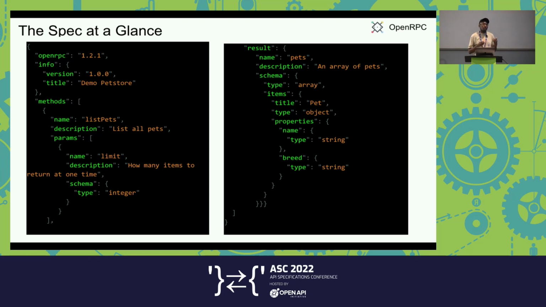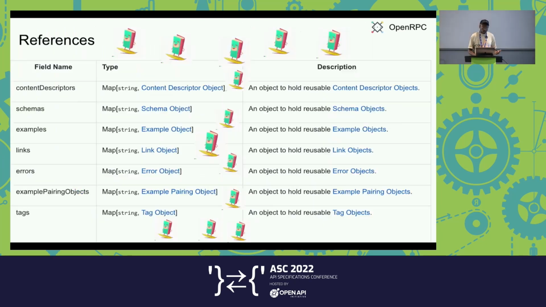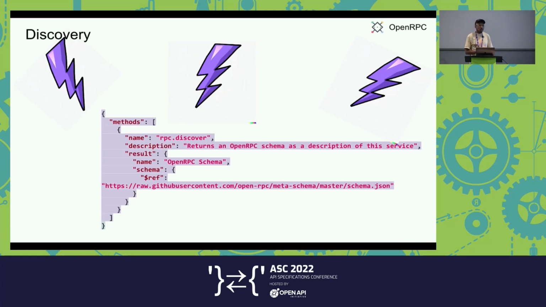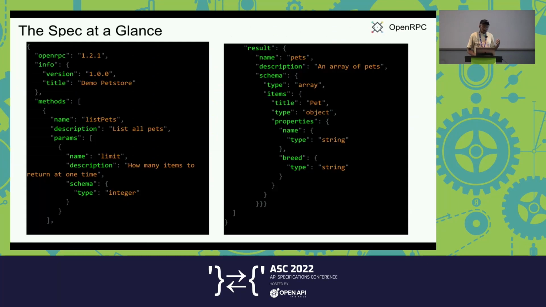But if you enable your service, server, or client to implement rpc.discover, this method, then it enables a whole host of different functionality that people can use for various things. rpc.discover is an extension to JSON-RPC that allows you to return back an OpenRPC document schema. So for our pet store implementation, rpc.discover would return back this particular spec.